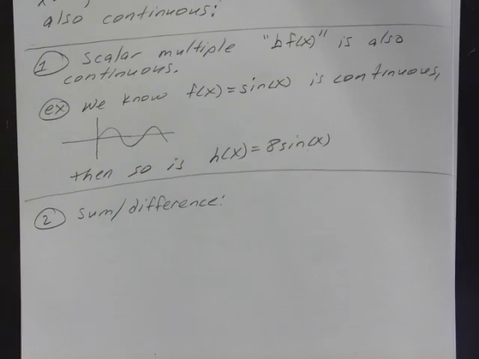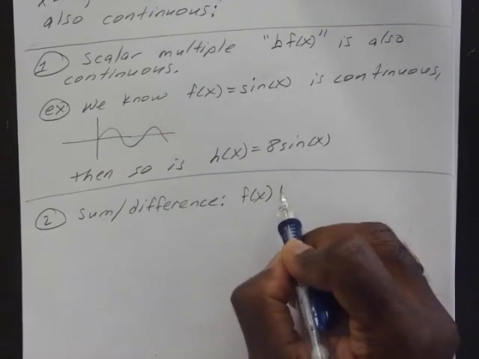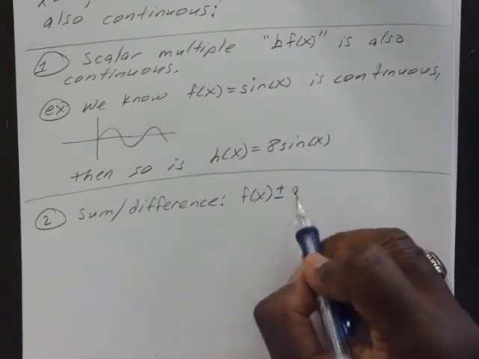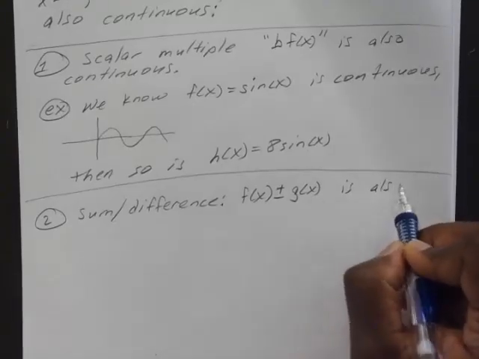If we add two continuous functions together, their sum or their difference will also be a continuous function. Adding or subtracting them won't change it. So f of x plus or minus g of x is also continuous.